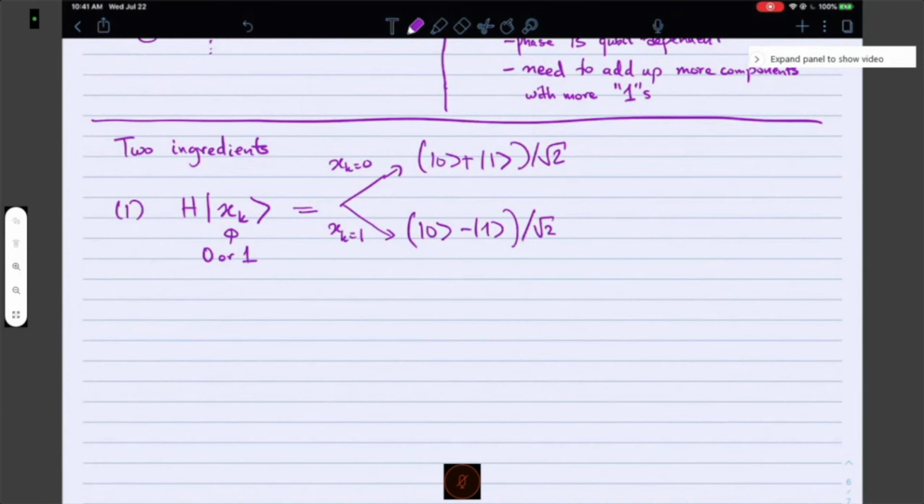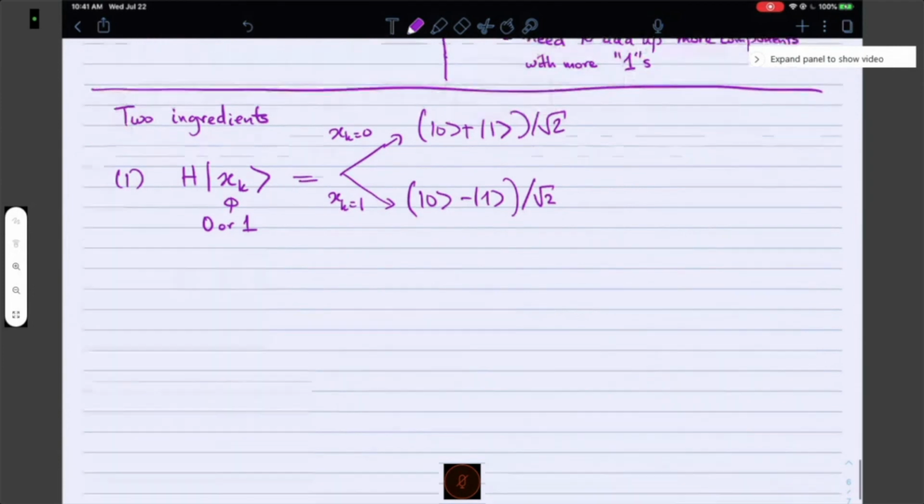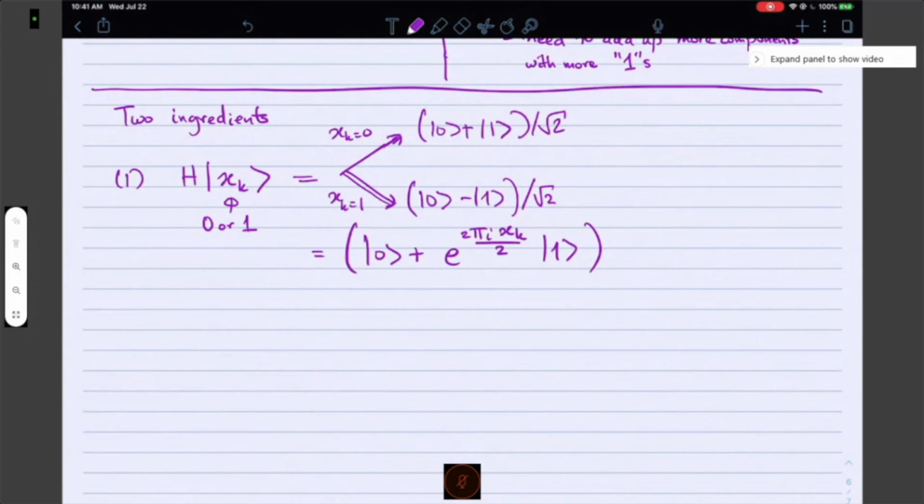In the literature, the way people refer to this is by doing the following. So you can compactly write, instead of having this branch going for 0 or for 1, you can compactly write this down as 0 plus e to the 2 pi i xk over 2, 1. That's it. What does this do?